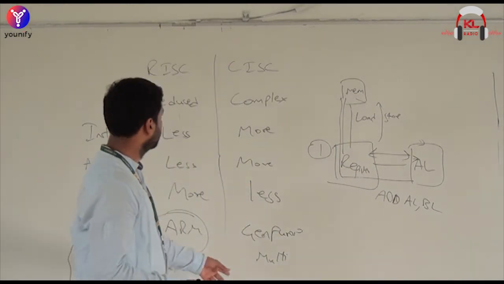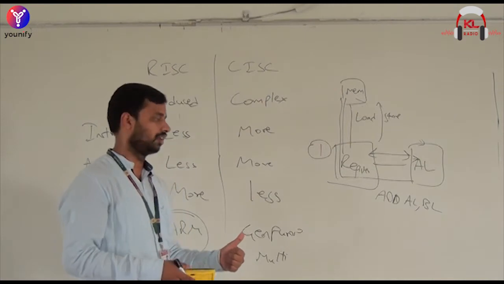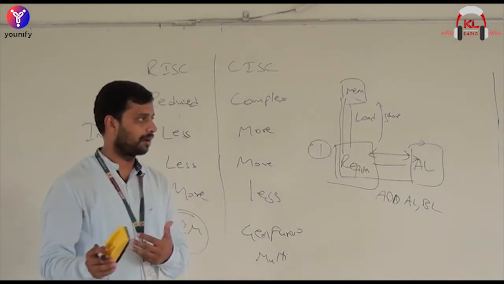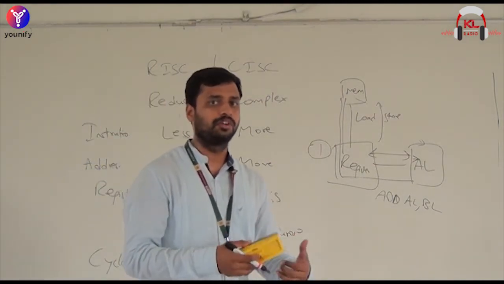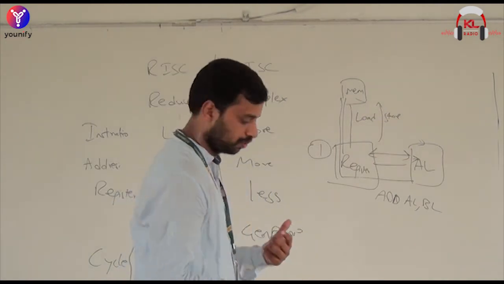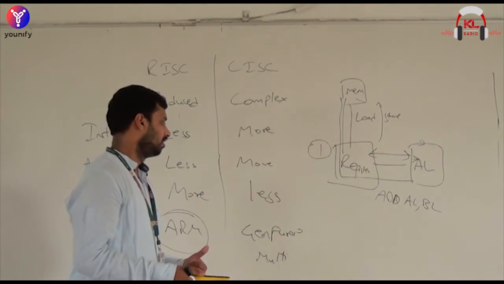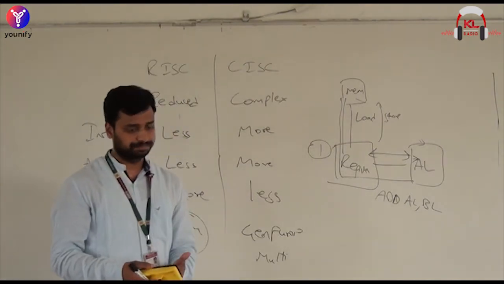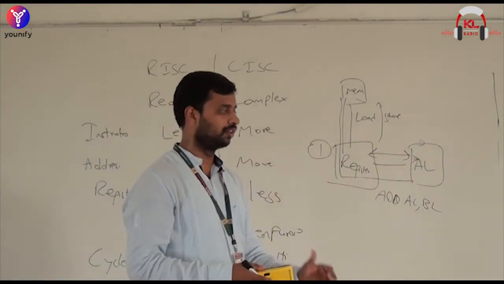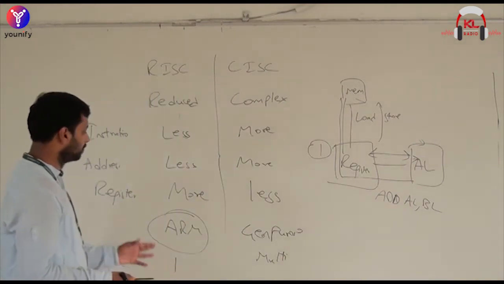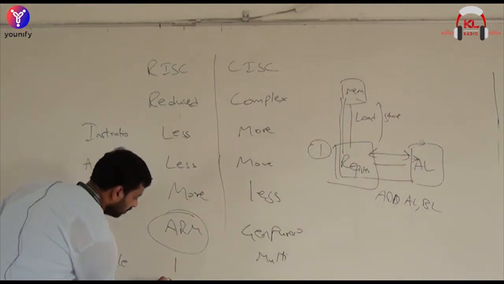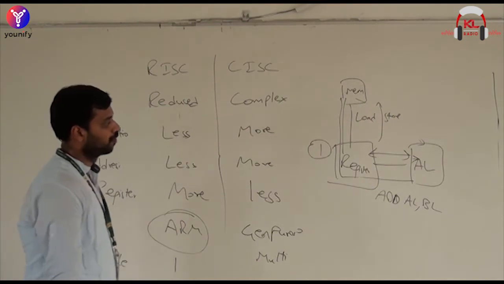But with multi-cycle, move will take 1, add will take 2, or compare will take 3. I can't figure out how much time my program will take to finish the amount of code. So that is pretty difficult for the scheduler to schedule the jobs, whereas it is pretty simple for the other.